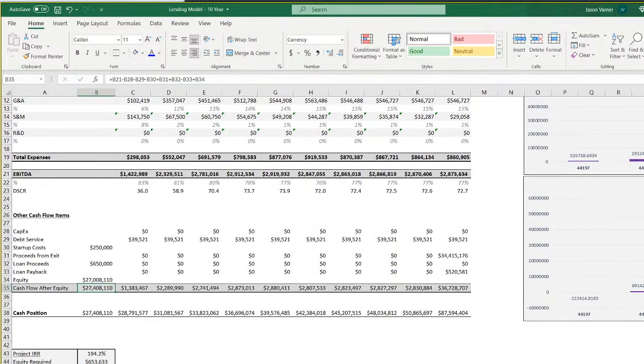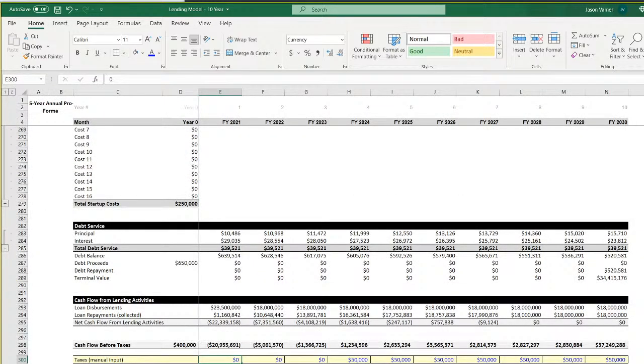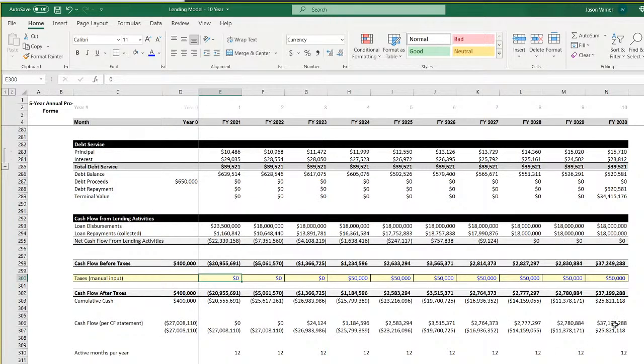Okay, now on the annual detail, we actually didn't get into, and you can see how this is a nice check between the cash flow statement matching the cumulative cash flow on the annual detail, which should always match at the end.